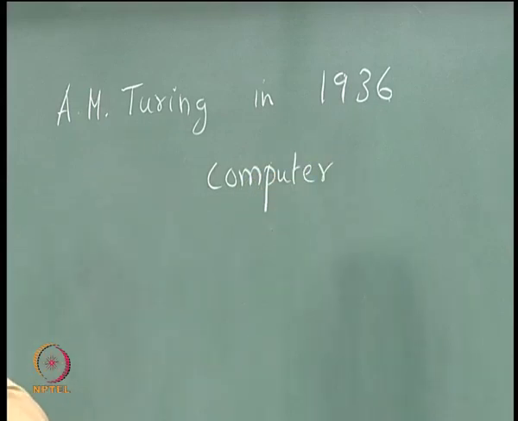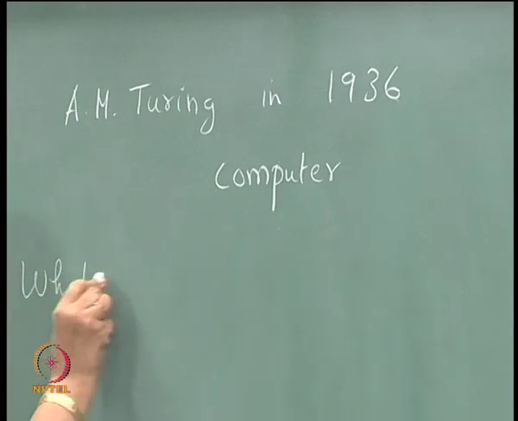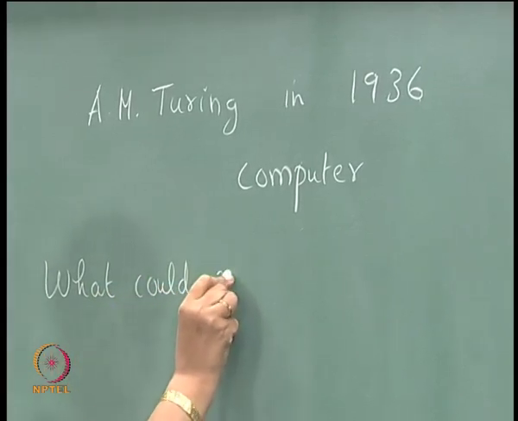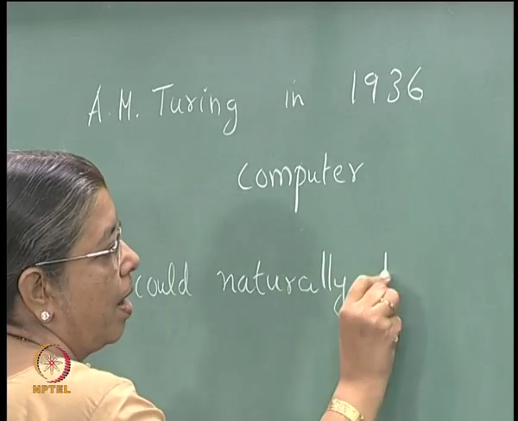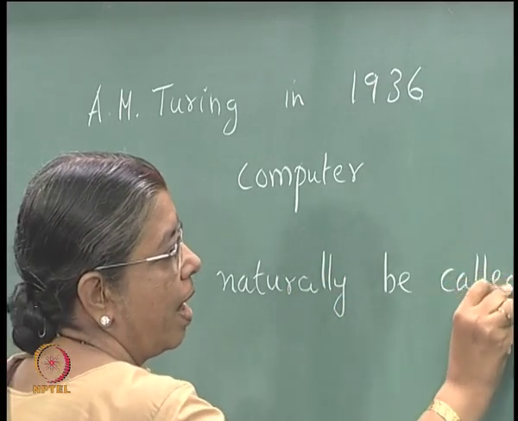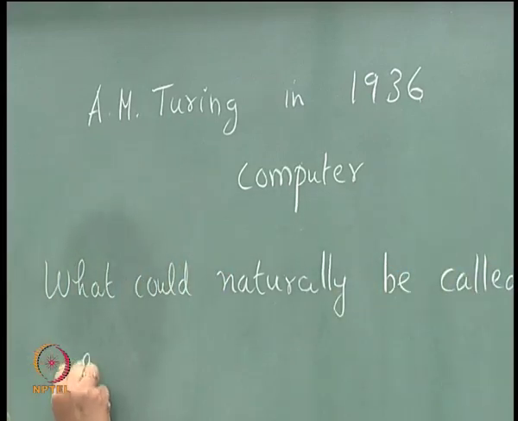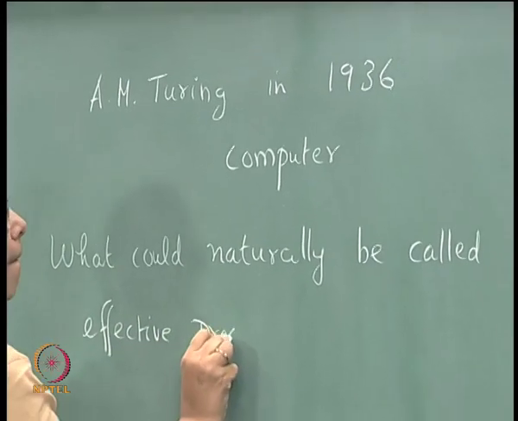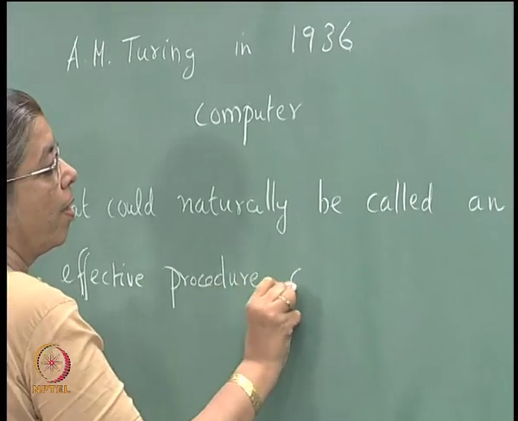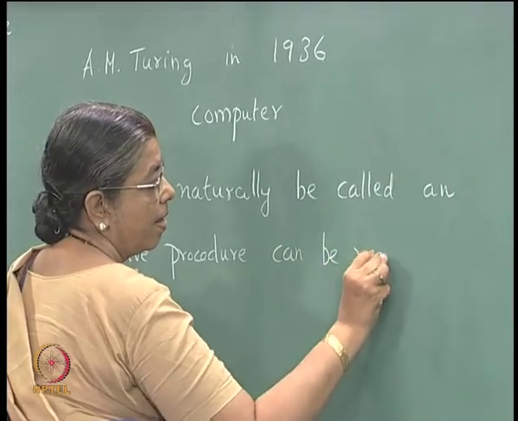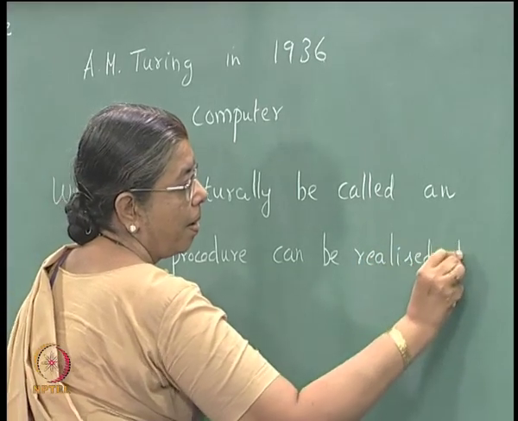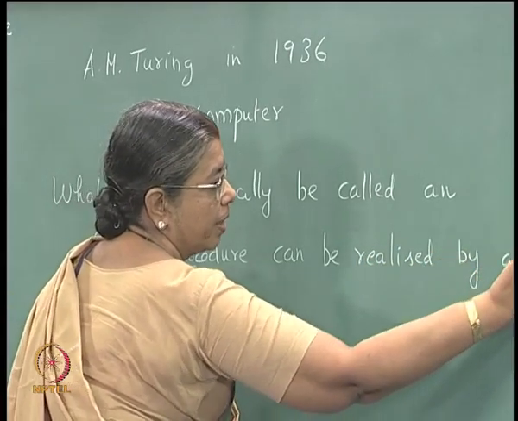And what he stated is this: what could naturally be called an effective procedure can be realized by a Turing machine.